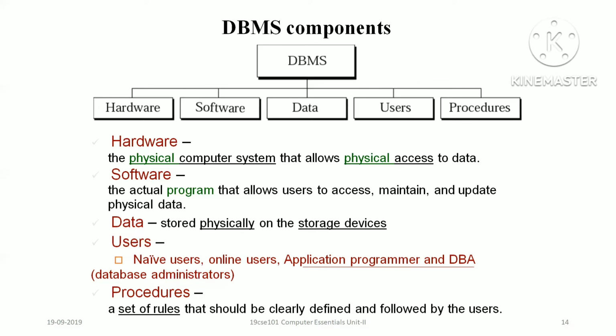If we write any program in any programming language like C, C++, Python, Java, then we are acting as an application programmer. And the user who uses the program is called an online user. If we are using the program, then we are an online user, right?